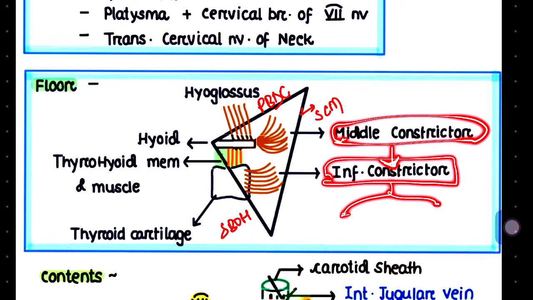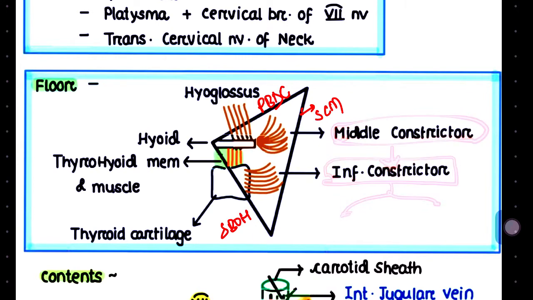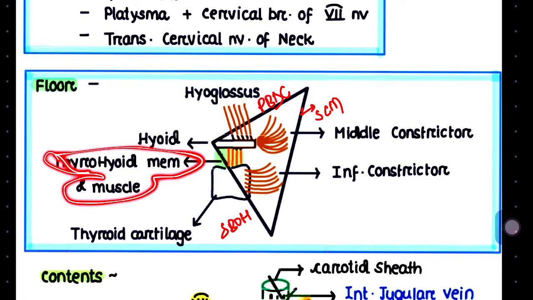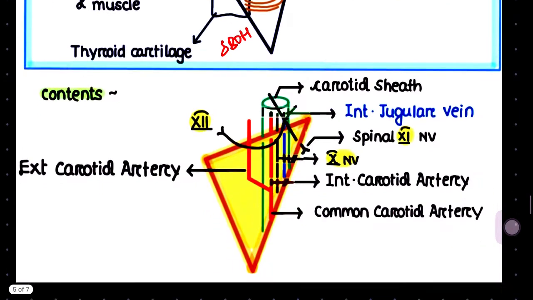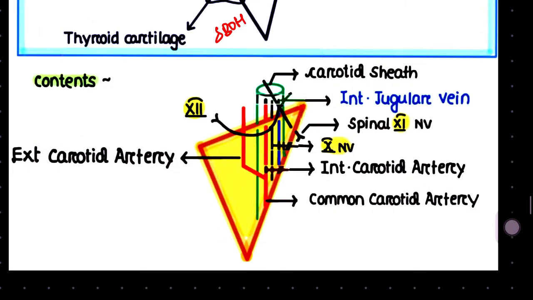No need to know a lot about that right here. So the constituents of the floor are hypoglossus, thyrohyoid membrane and muscle, middle constrictor and inferior constrictor, that's all. Now moving to the important point, the contents of our carotid triangle.